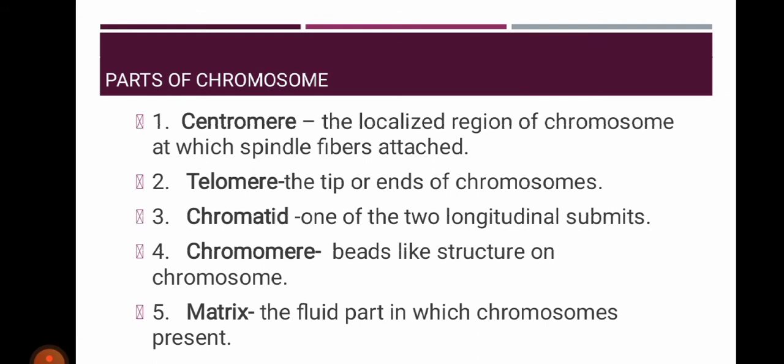Centromere is the localized region of the chromosome at which the spindle fiber attaches. Telomere is the tip or the end of the chromosome, and one half of the chromosome is known as a chromatid. One of the two longitudinal subunits of the chromosome is known as a chromatid. Chromomere means that some species have a bead-like structure on the chromosome, which is known as a chromomere, and the matrix is the fluid part in which the chromosome is present.